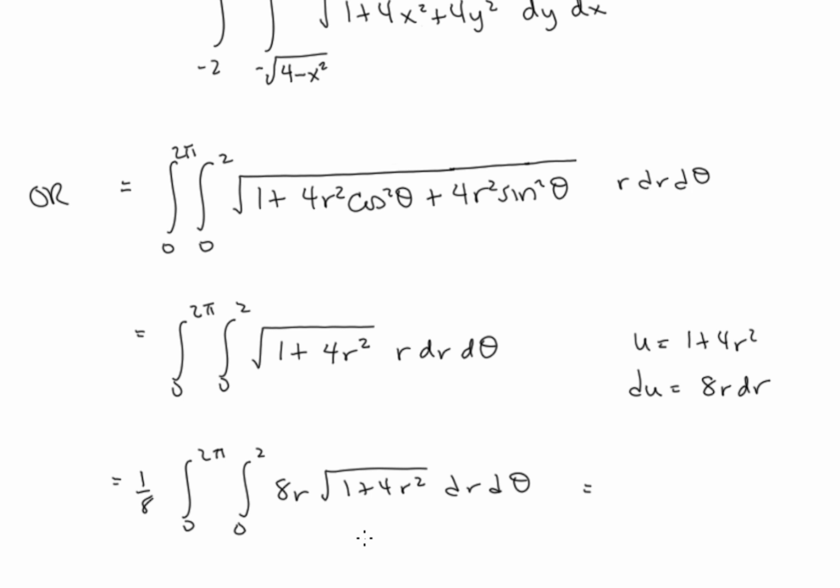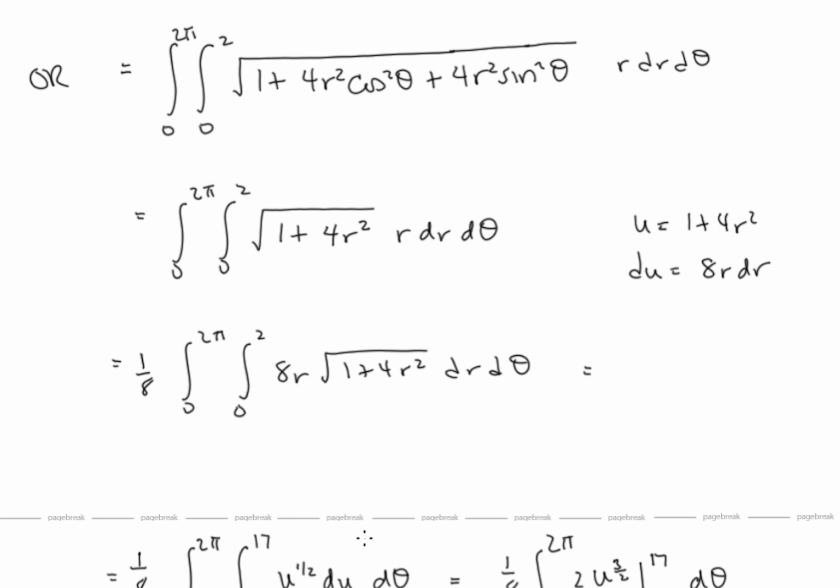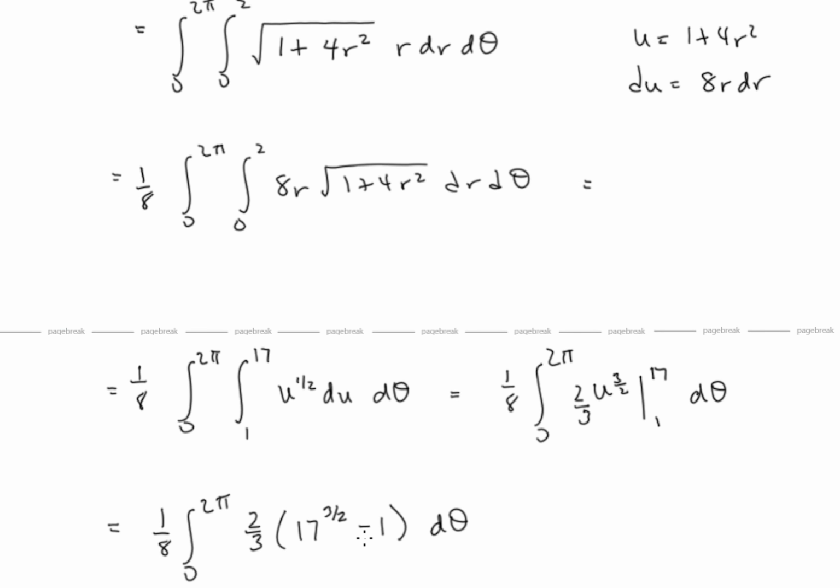Now we could change this to u. We get u to the 1/2 du. Our bounds now are 1 to 17 because when r is equal to 0, u is equal to 1, and when r is equal to 2, u is equal to 17. So we have these bounds on u, so we integrate and get 2/3 u to the 3/2, plugging in the 17 and the 1, we're here.